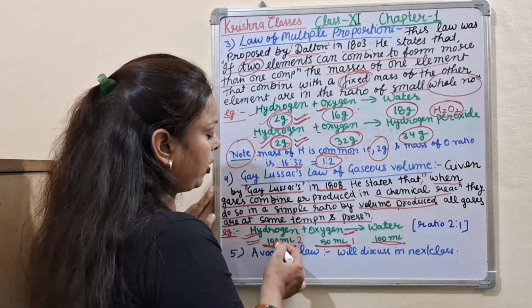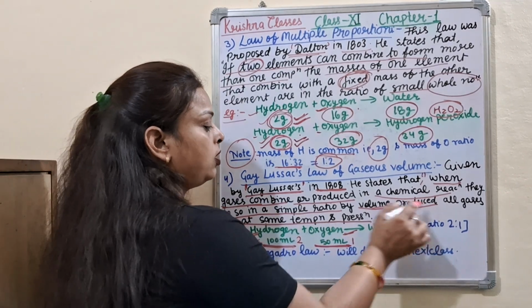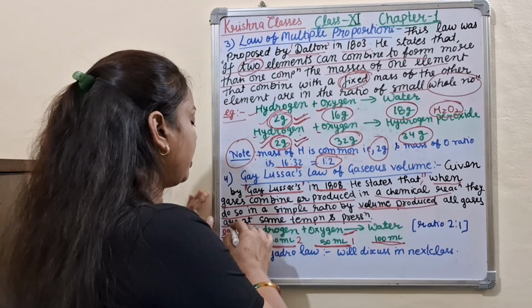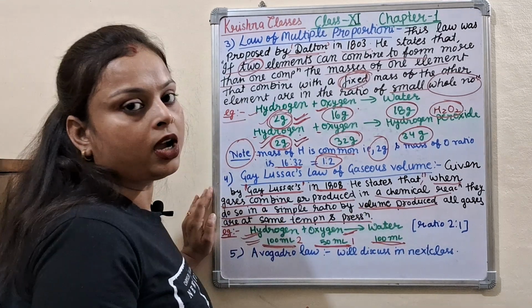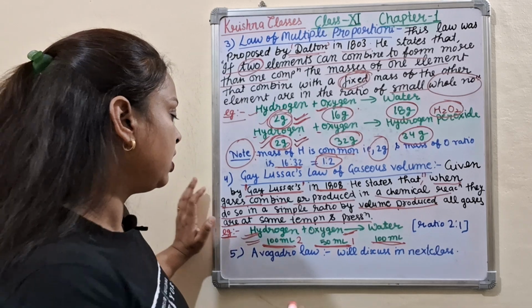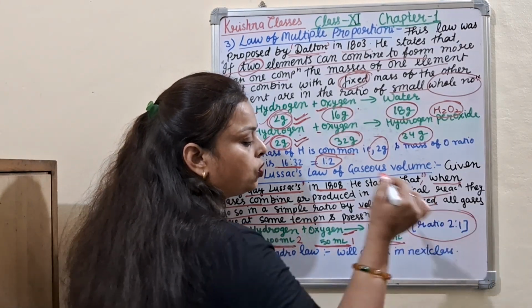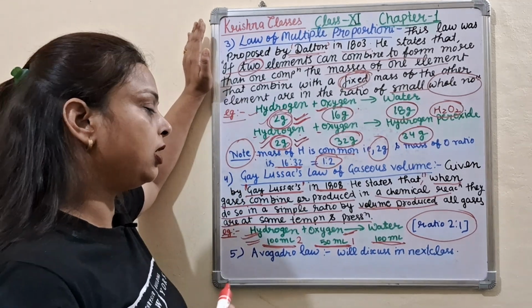Here the volume is 100 ml of hydrogen and 50 ml of oxygen. Simple ratio means 2:1. At the same temperature and pressure, the volumes of the gases are in a simple ratio like 2:1. So this is Gay-Lussac's law.